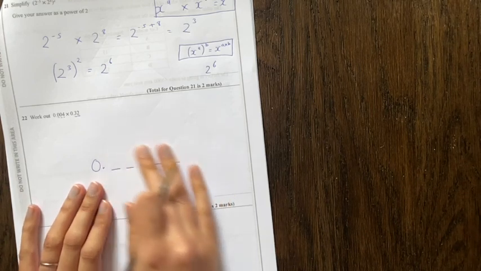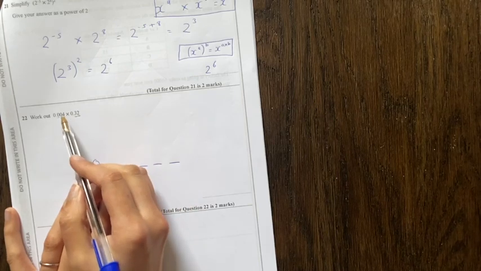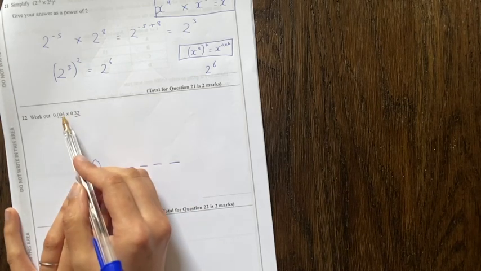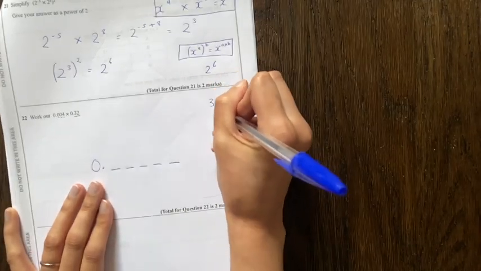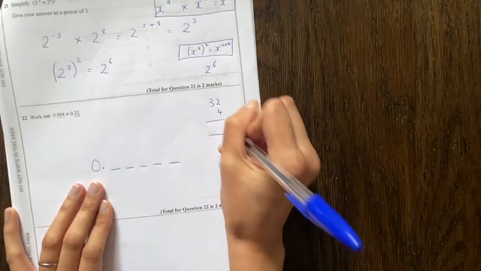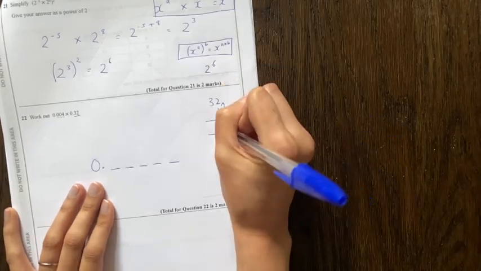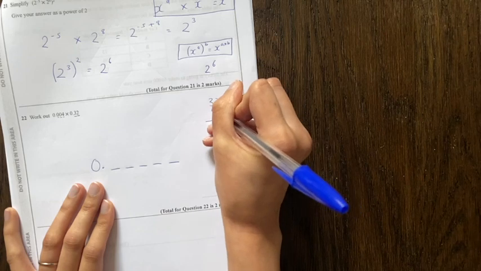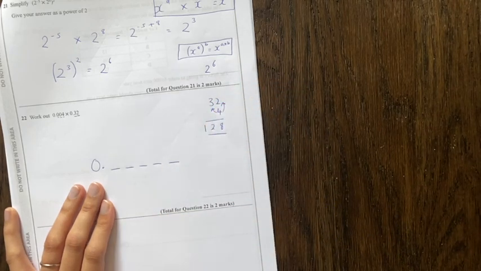And to know what to put in these 5 spaces, you have to do one calculation, which is the numbers that are in the question, 4 times 32. So we can do that using column multiplication. 4 times 2 is 8, 4 times 3 is 12, so I get 128.